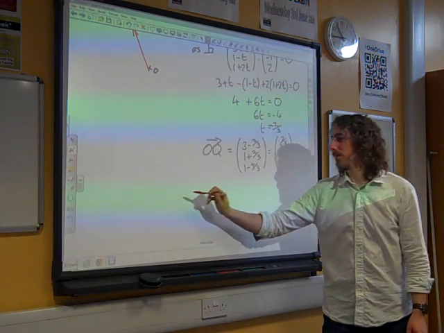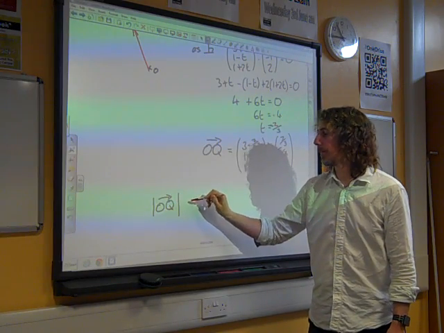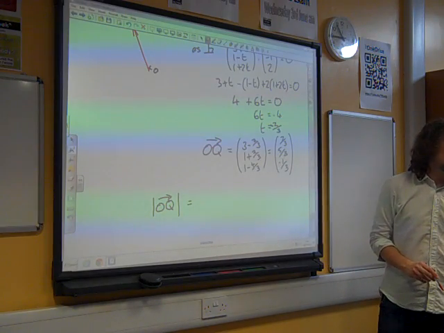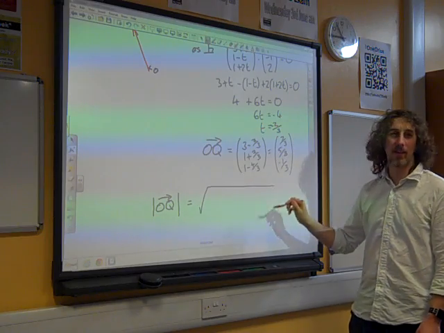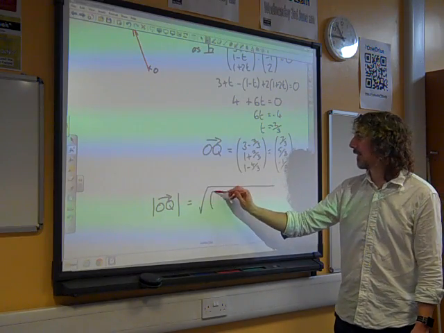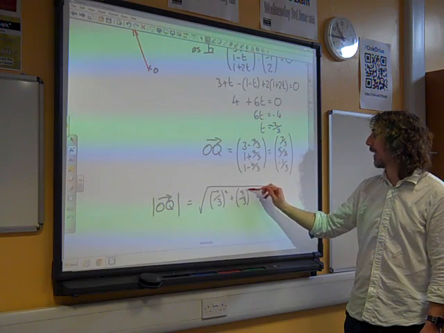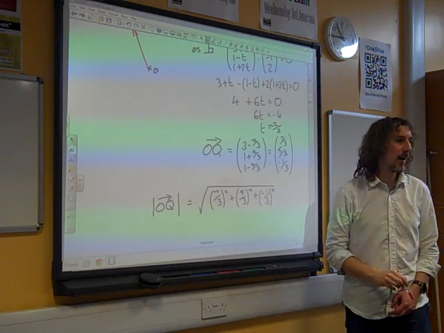The length of OQ, well, at this point you can use your calculator and just type everything in and do 7 over 3 squared plus 5 over 3 squared plus minus 1 over 3 squared and just do it like that.